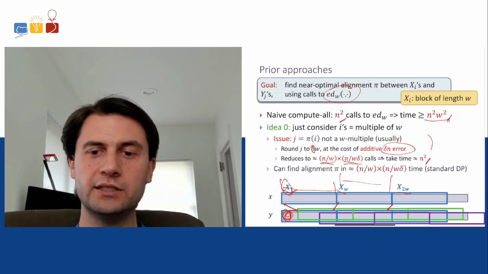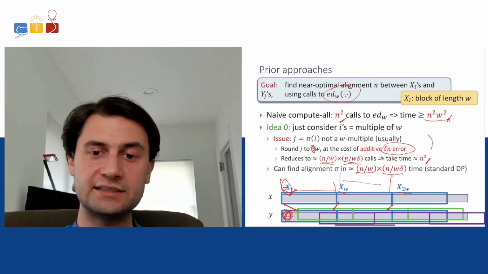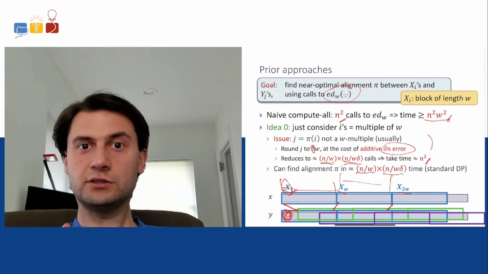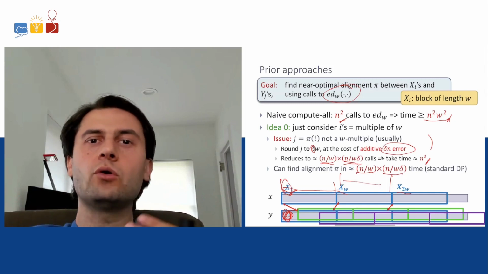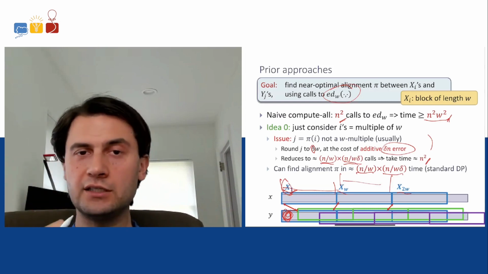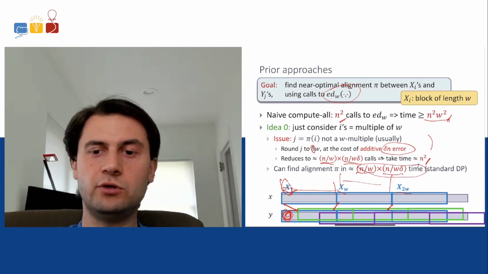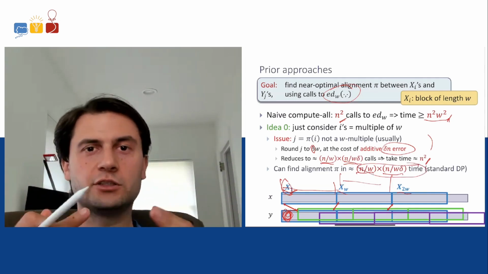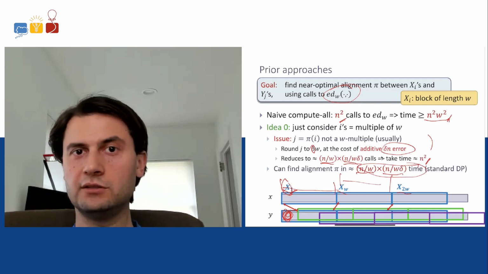so again, n by W times n by W delta. Note that this is a much smaller time, basically n squared by W squared. This does not call edit distance anymore. So if you think again of delta as being relatively large, like n to 0.9, then this time is actually very small. It becomes n to something like 0.2 maybe, when W is very large.